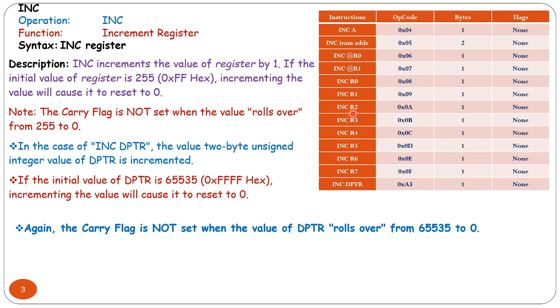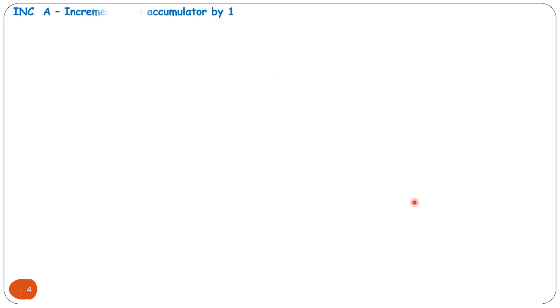R2 register content is incremented by 1 using this instruction, having operation code 0AH, and similarly increment R7, the content of general purpose register R7 is incremented by 1, having operation code 0FH. Increment DPTR: it is a 16-bit register, and its content is incremented by 1, having operation code A3H. Let us discuss these instructions in detail one by one.